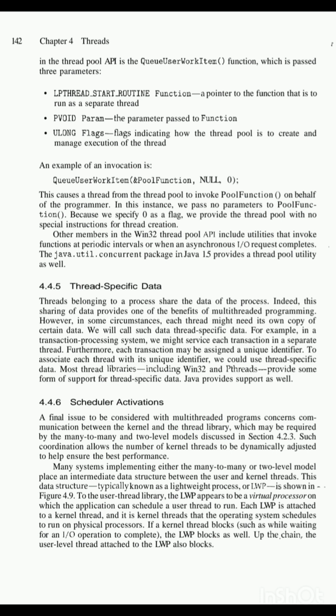For example, in a transaction processing system, we might service each transaction in a separate thread. Furthermore, each transaction may be assigned a unique identifier. To associate each thread with its unique identifier, we could use thread-specific data.